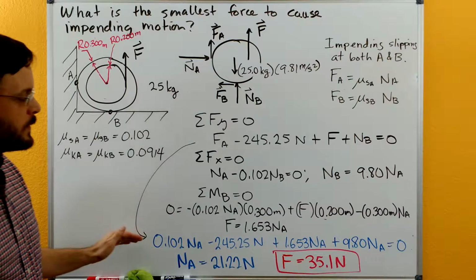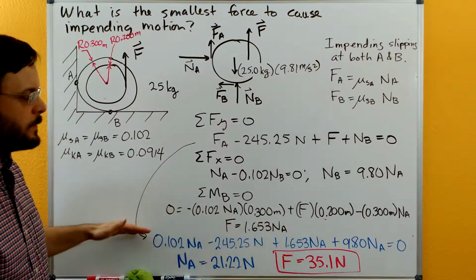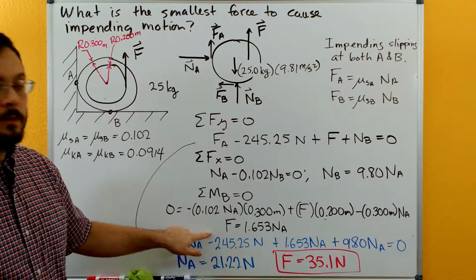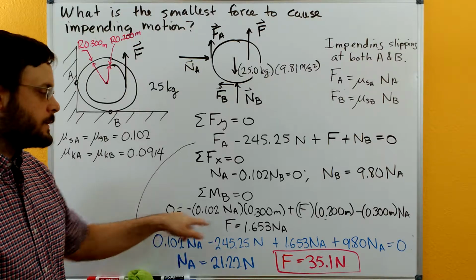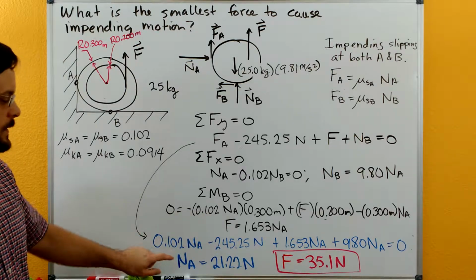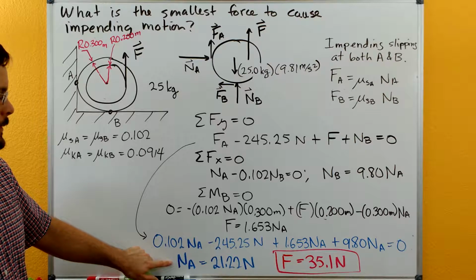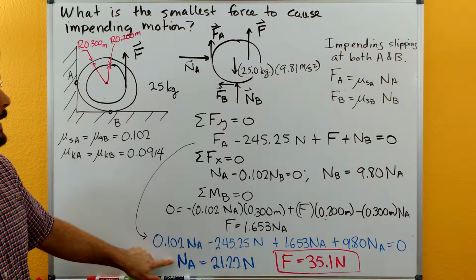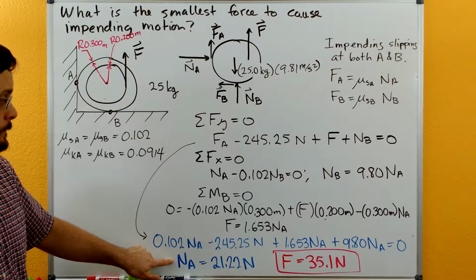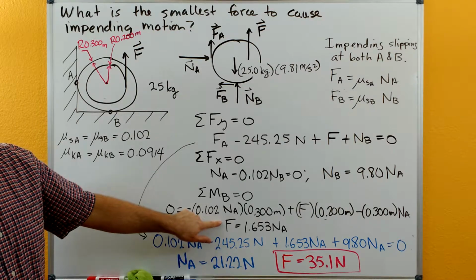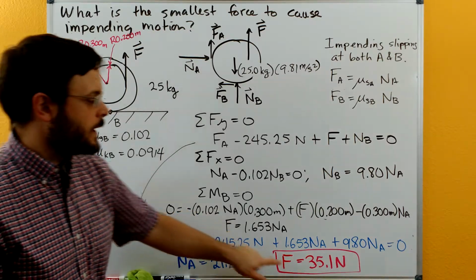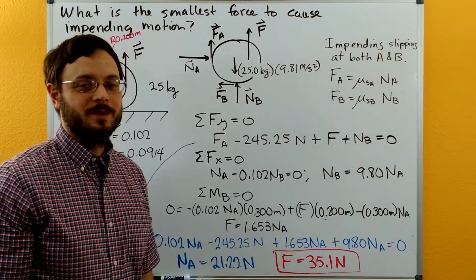Then everything in this equation is either a constant term like the 245, or it's a function of NA. So we can solve this equation, one unknown, one equation for NA, get that value, and then take that value for NA and plug it right back up in here and solve for the F, and we'll get that the smallest force is 35.1 newtons.